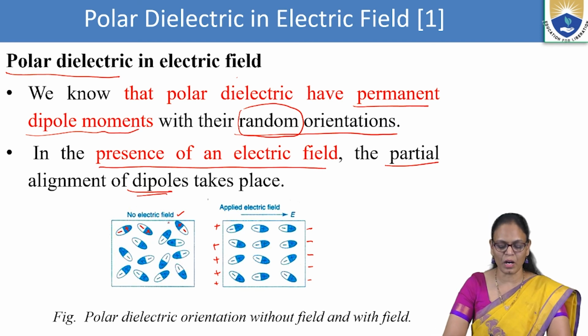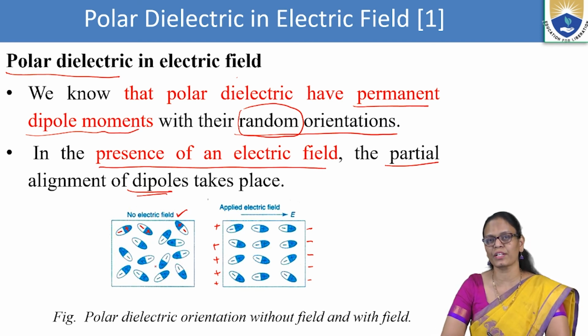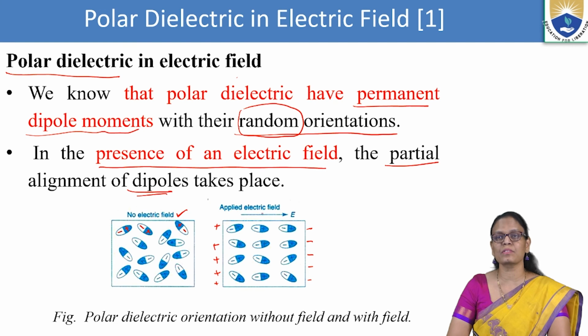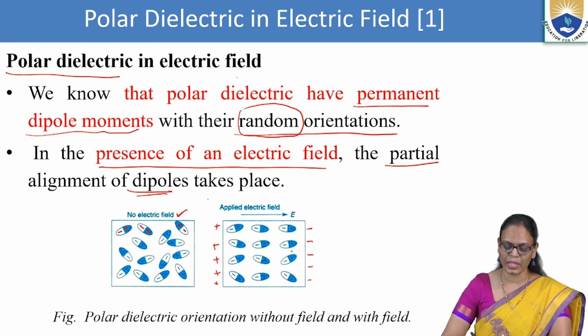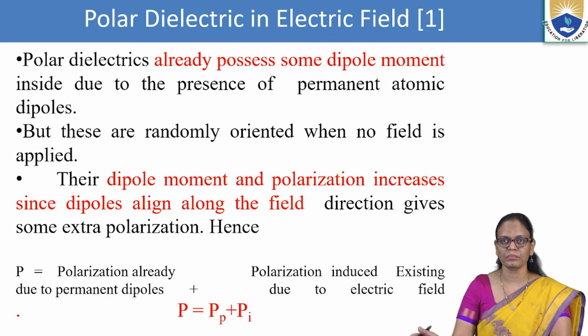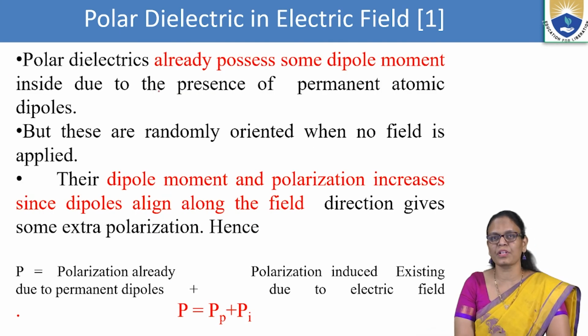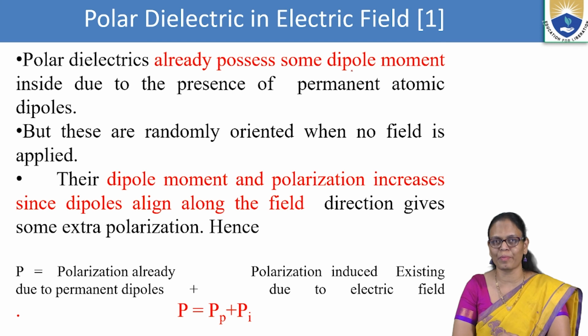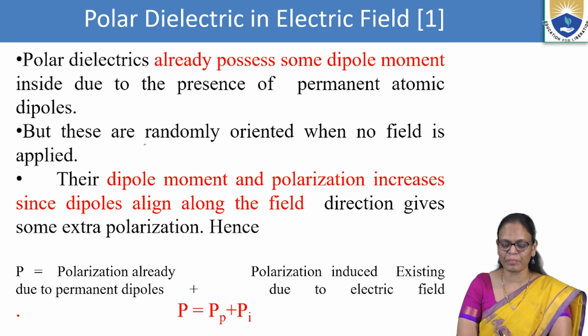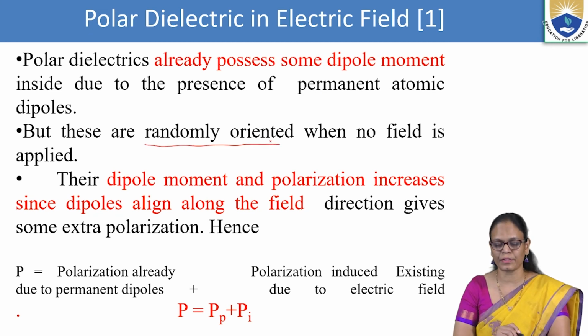So this is without the field, they have random orientation, and in the presence of an electric field, they are getting aligned. So polar dielectrics already possess some dipole moment inside because of the presence of permanent dipoles, but they are randomly oriented when no field is applied.